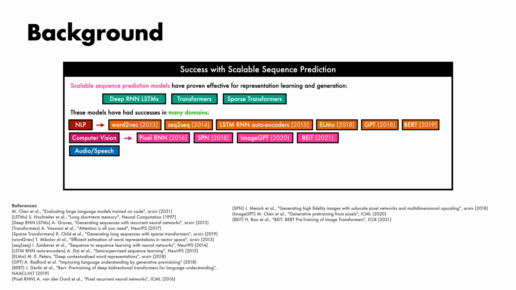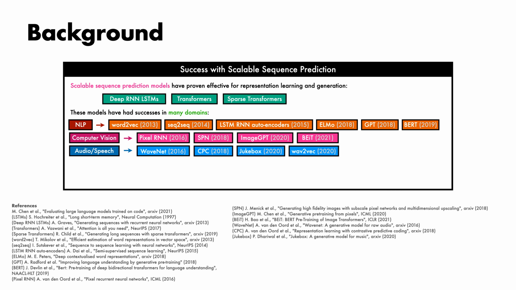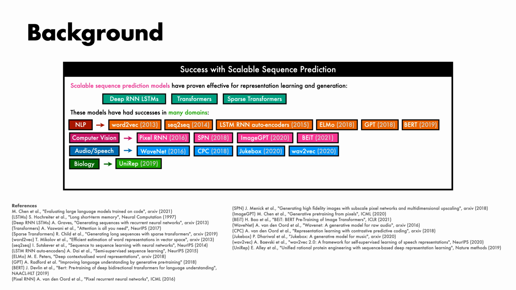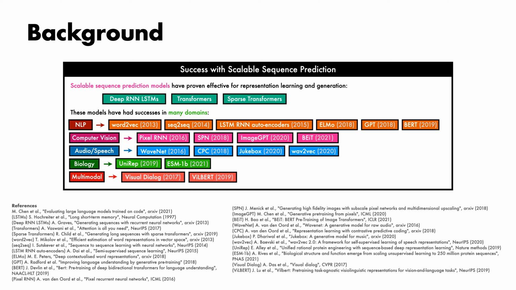In audio and speech, we've seen strong results with WaveNet, CPC, Jukebox, and wav2vec. In biology, breakthrough results have been achieved with UniRep and ESM-1b. There have also been notable results among prediction models that span multiple modalities, such as visual dialogue, ViLBERT, DALL-E, and MERLOT.